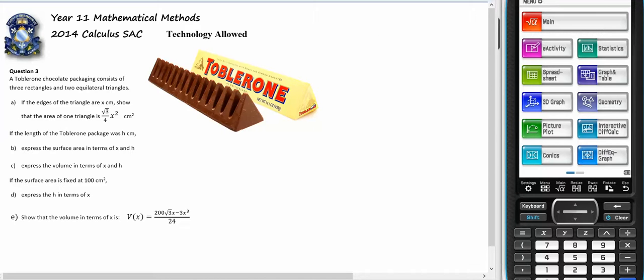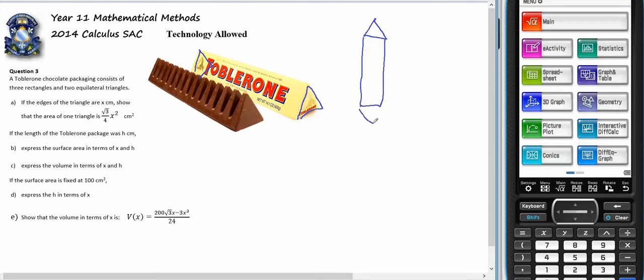If I take this packaging, I've got a triangle here and a triangle at the other end, and then I've got 3 rectangles. The net of the Toblerone, that is the packaging laid out, is going to look something like that, where that's the height of the Toblerone, H, and this is X, and that's X, and that's X, which makes this X and this X, since these two edges join each other.